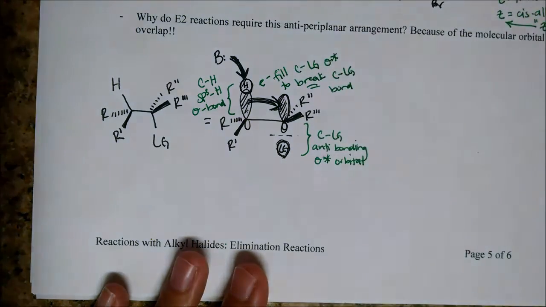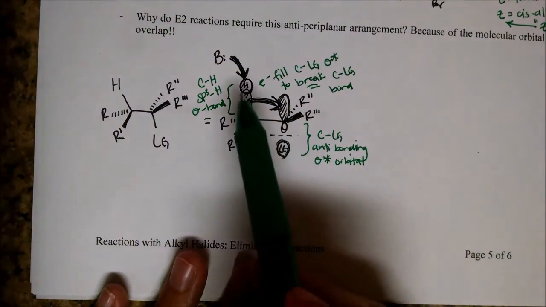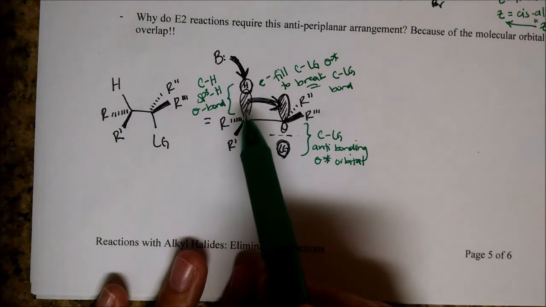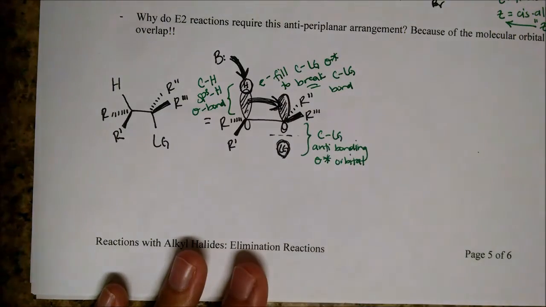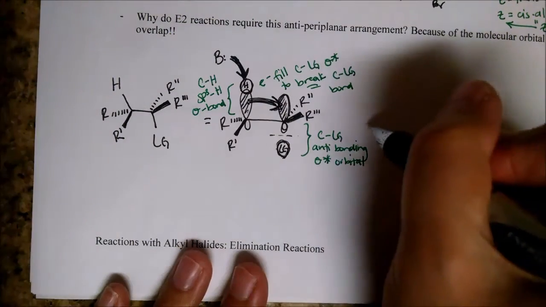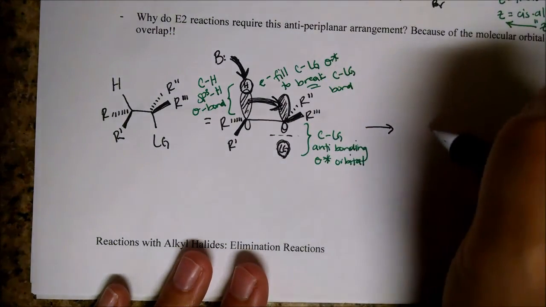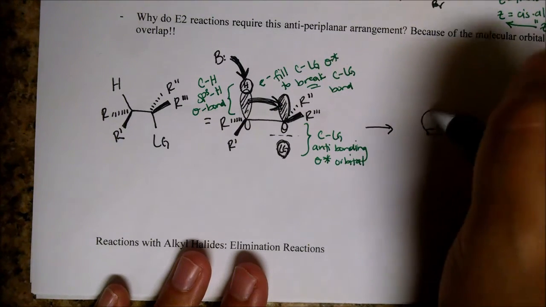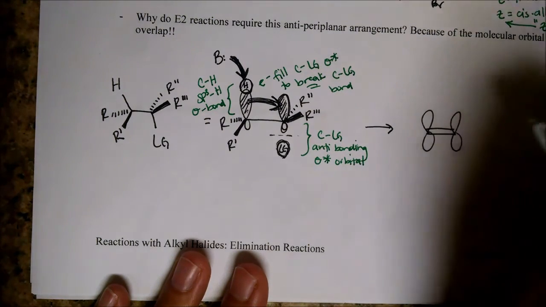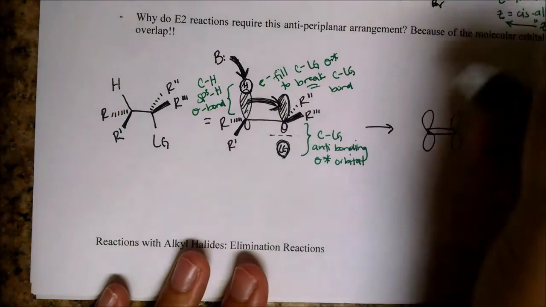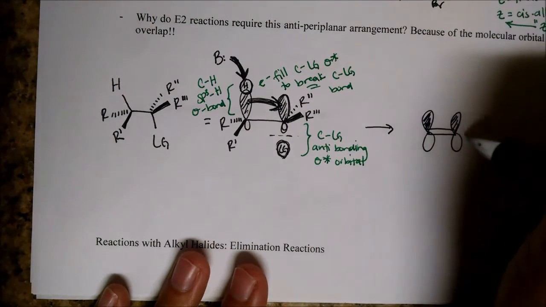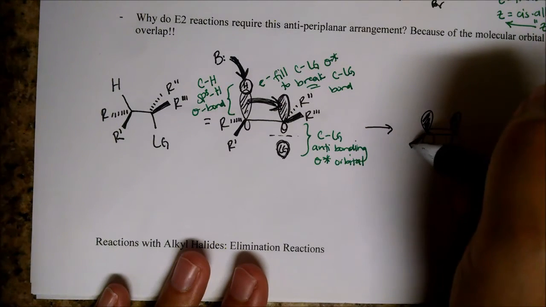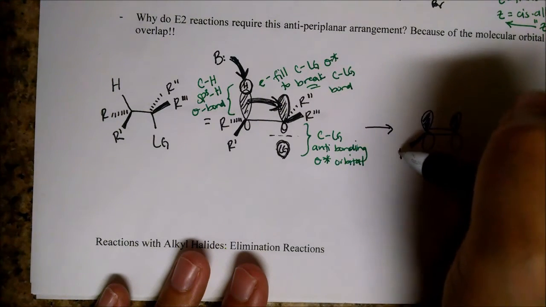So this is why we have to have this anti-periplanar arrangement, because only then are the CH electrons in the right orientation to fill the antibonding orbital of the C leaving group. Once we form our double bond, we fold these electrons over to form the double bond, and that is how we have our alkene.